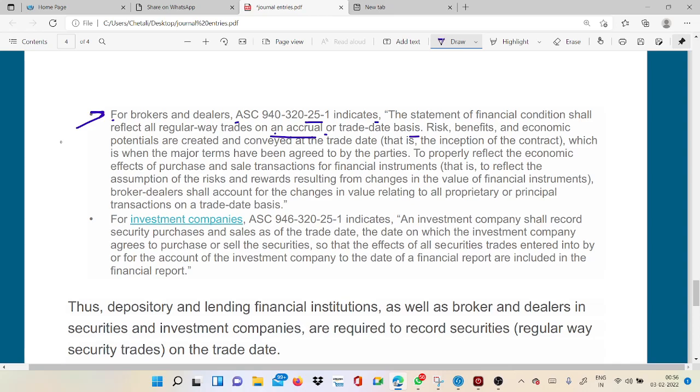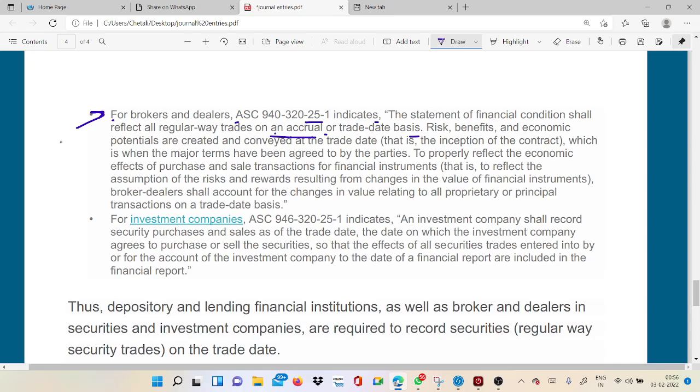Risk, benefits, and economic potentials are created and conveyed at the trade date, and that is the inception of the contract, which is when the major terms have been agreed to by the parties, to properly reflect the economic effects of a purchase and the sale transactions for a financial instrument, that is, to reflect the assumption of the risk and rewards resulting from the changes in the value of a financial instrument.